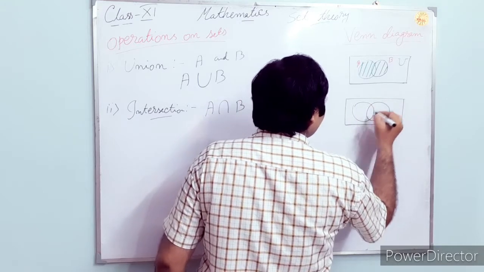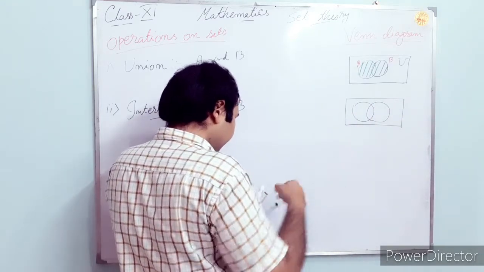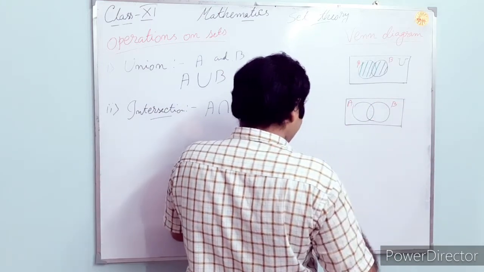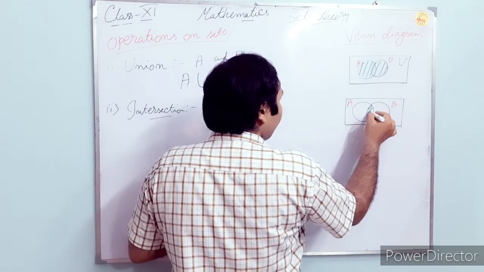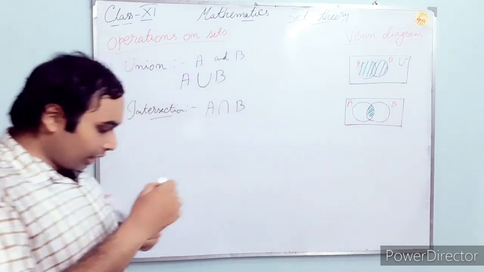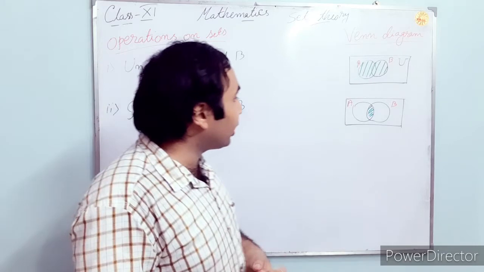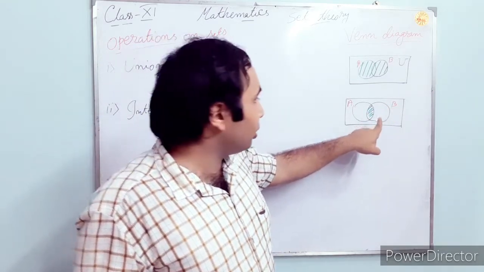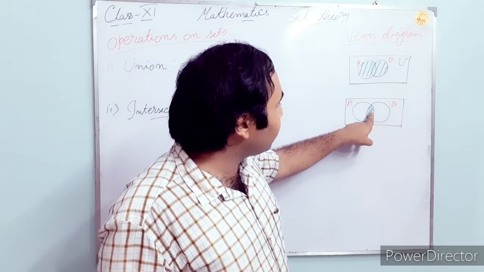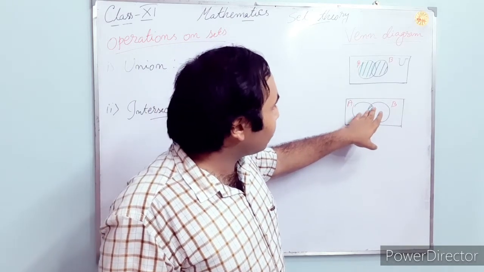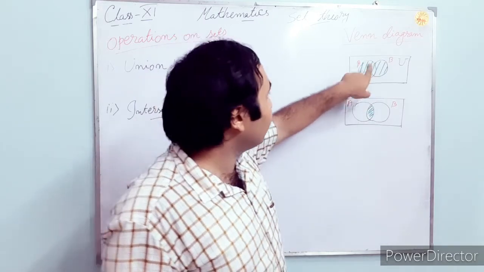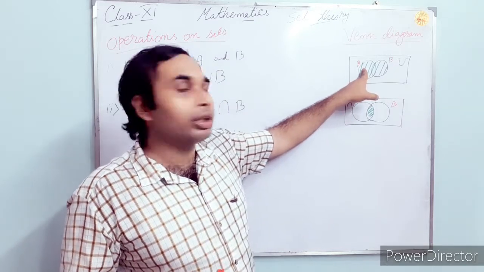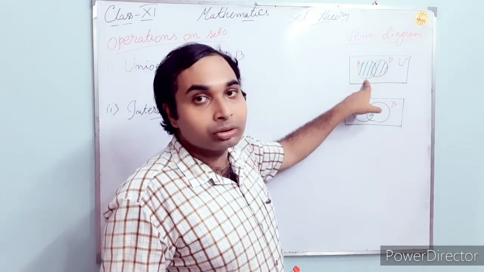This is A, this is B. This part is the intersection. Just see here, if you pick up any element, then this part is the common part of A and B. So if you pick up any element from here, then it must be both in A and B. But if you pick up from here, it is in A, but we can say it is either in A or in B, because we are taking from this total collection.